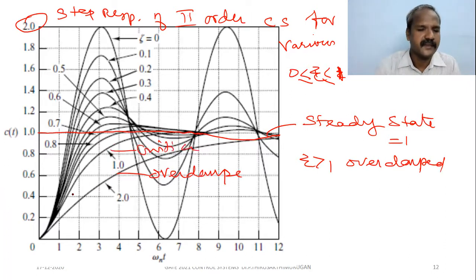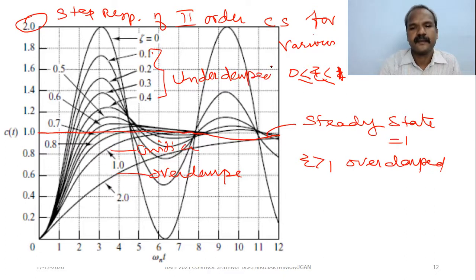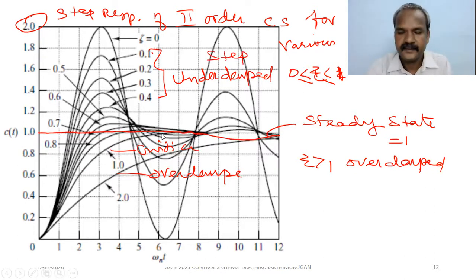Critically damped system. It is like a first order step response. As zeta decreases, the maximum overshoot increases. So this is the underdamped system. Zeta equal to 0.1, these are all underdamped systems. Step response of underdamped system. Understand?